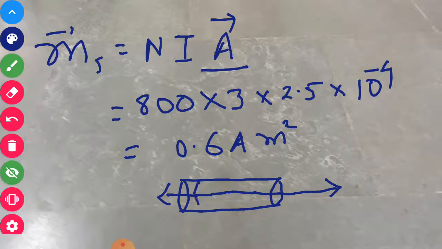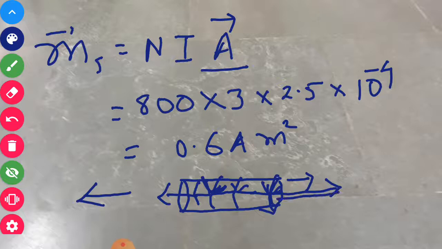Now if you pass the current this way, this is the direction of current, then if you curl your fingers in this direction, the thumb will remain in this direction. So right now the magnetic moment, if you consider the current this way, if you take the opposite current, then the magnetic moment will be in this direction. Right now the current is taken in this particular direction, that is why the magnetic moment will be towards left.